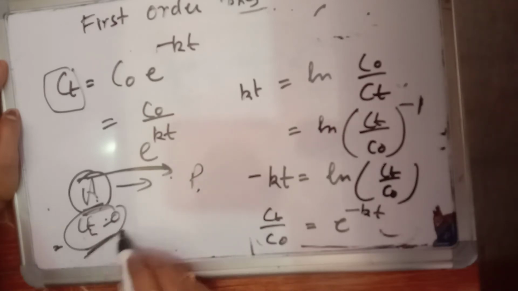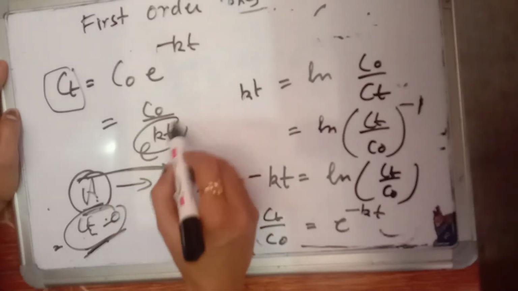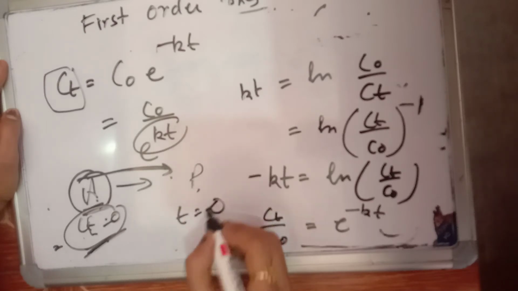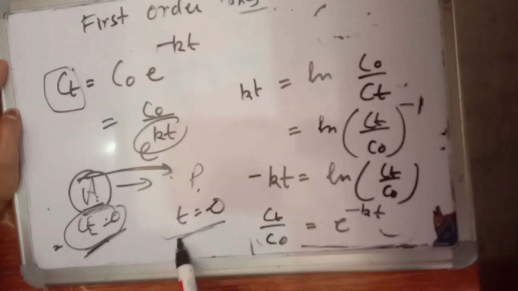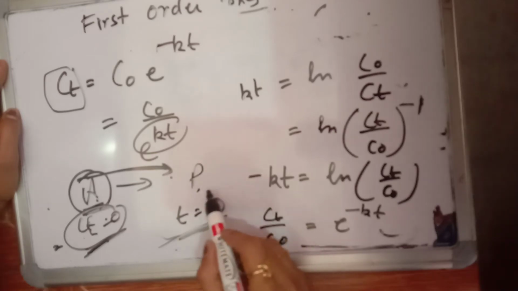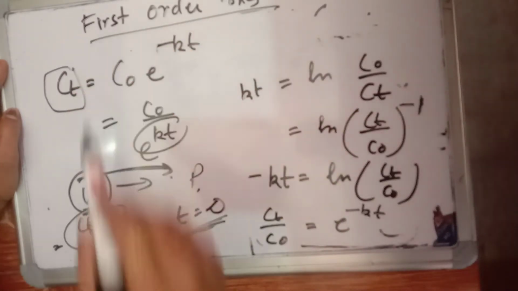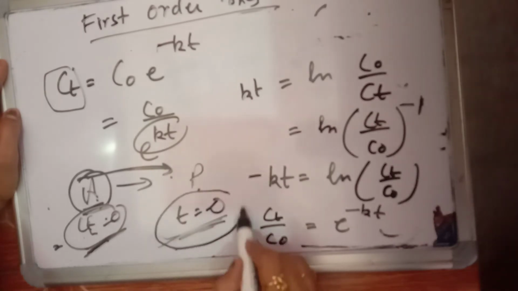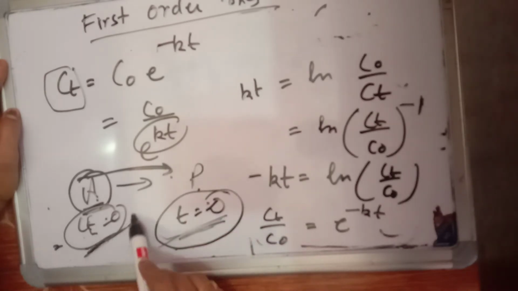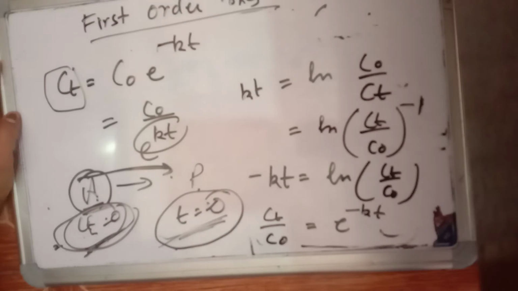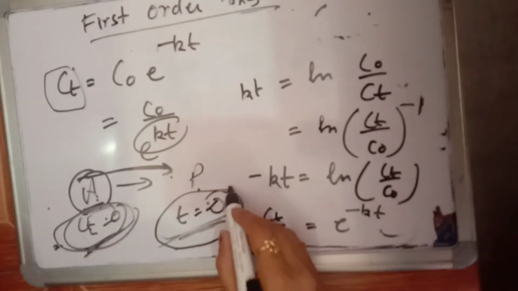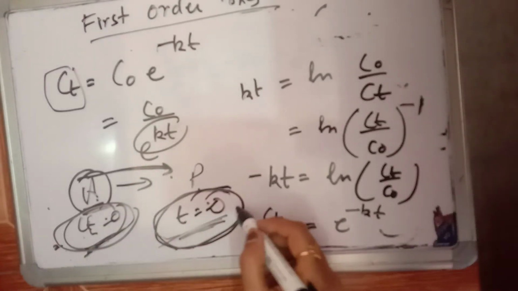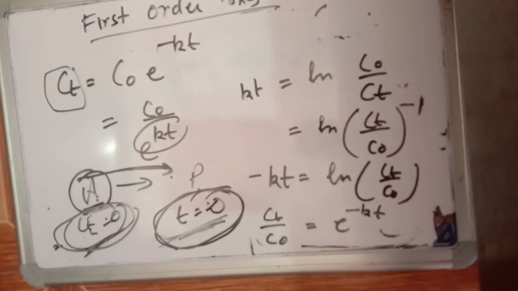It is only possible when this term is infinity or time is infinity. So what I mean to say, first order reactions never proceed to completion, because they require infinite time to proceed to completion.